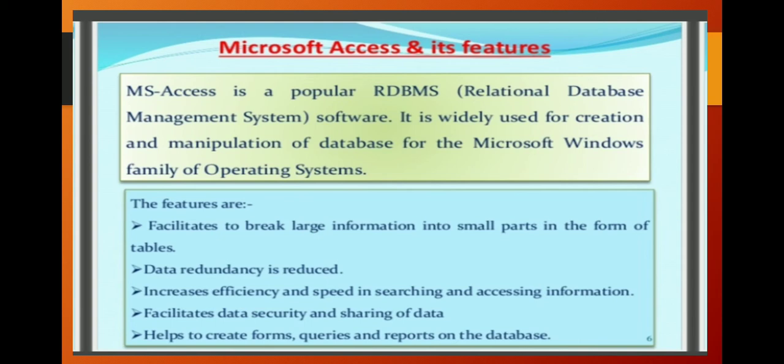Means if we have large information, it will be broken down into small parts, so we can easily access the information. The second is data redundancy, means duplication of data is reduced, so it provides us the facility to reduce the duplication of data.